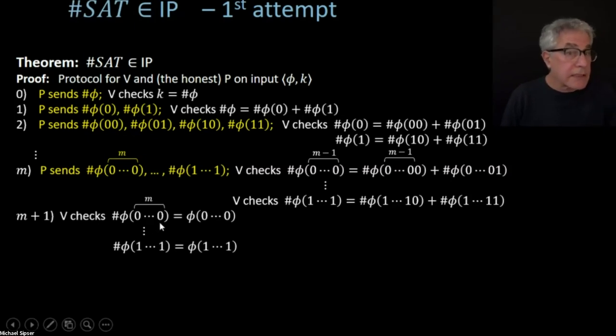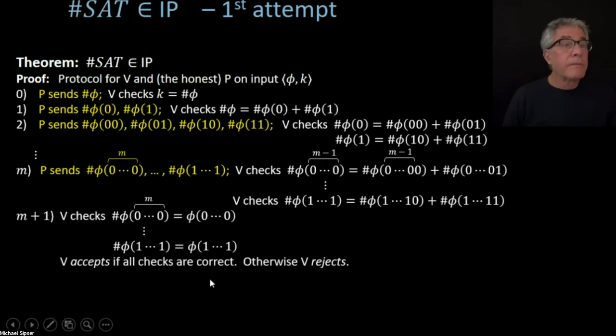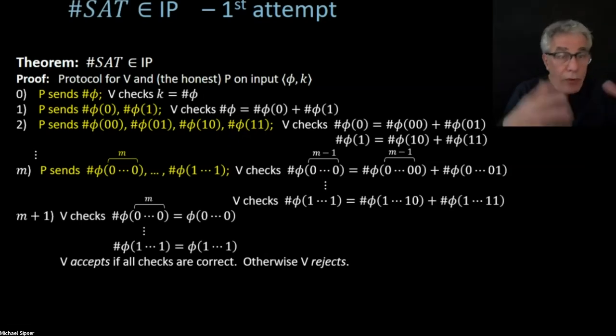So each one of these is a 0, 1 value, which is supposed to correspond to whether the formula was satisfied or not. Those all are correct, and everything else along the way has been correct. The verifier is going to accept. Otherwise, if at any point one of those checks failed, the verifier rejects.